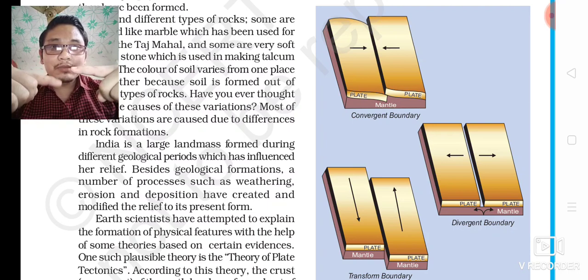When it comes outside and comes in contact with the atmosphere, it cools down and sticks with the plate, and the size of the plate increases. That means construction of the plate takes place. So this is also called the constructive movement.